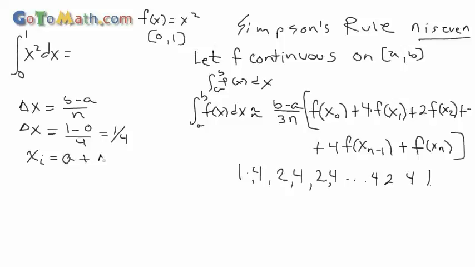So I'll go ahead and state this: a plus delta x times i. This is like the right endpoint once again, just like in the trapezoid rule. And so let's do x of 0. This is what we're starting with.